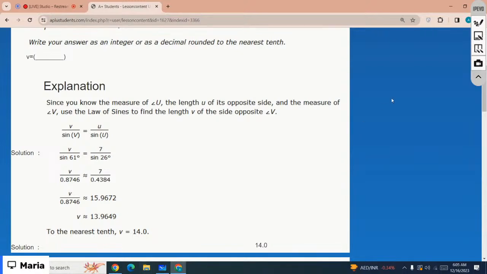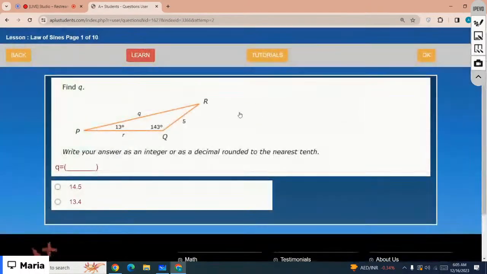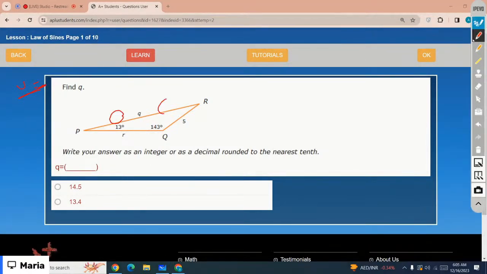Let's start with the test questions. You are given two of the angles and one of the sides. Angle q is given and you have to find side q. Angle p is given and side p is given. So you can use p over sine p equals q over sine q, because you need to calculate the value of q.